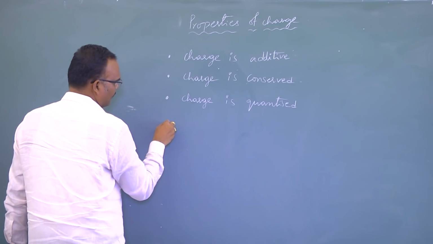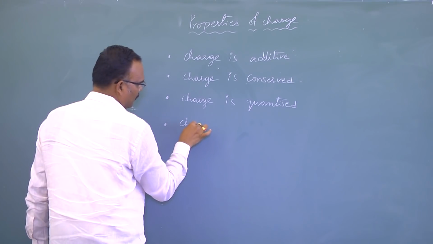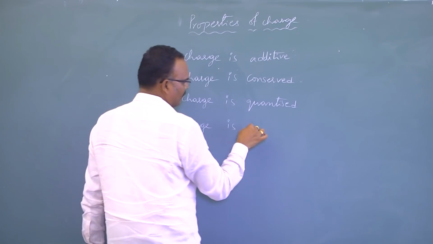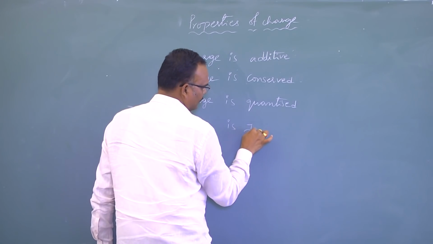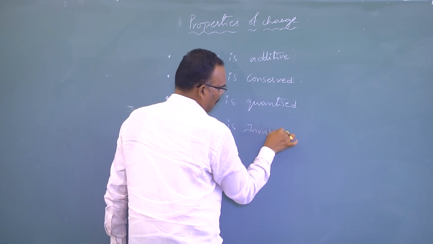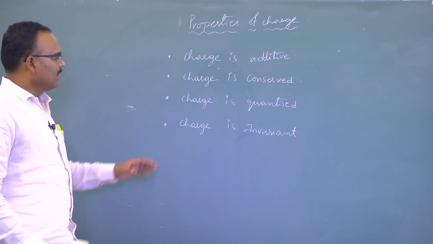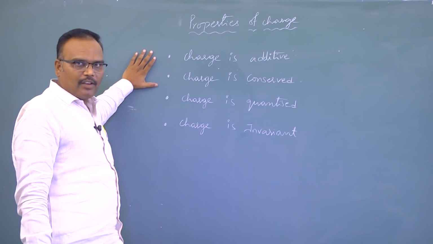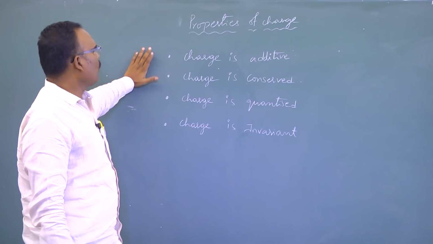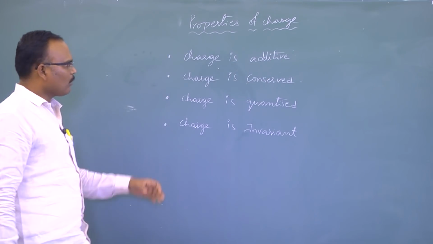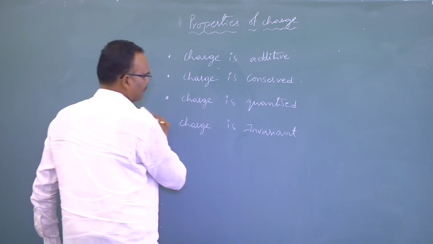Fourth property is: charge is invariant. These are the properties of charge. What is meant by charge is additive? That we'll discuss in detail.